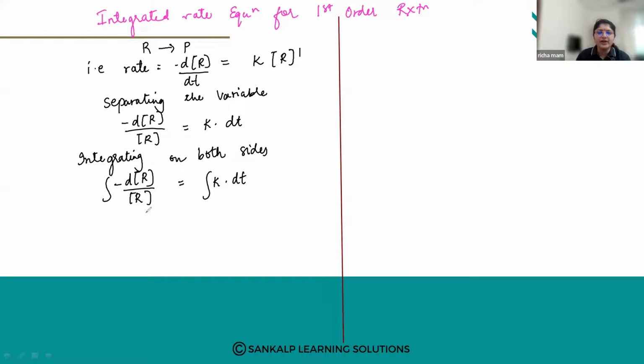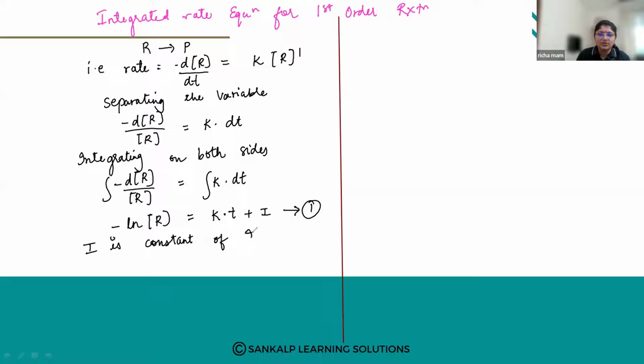So what are we going to get after integration? Minus ln of r is equal to k into t plus I. This is our equation 1, where I is the constant of integration.